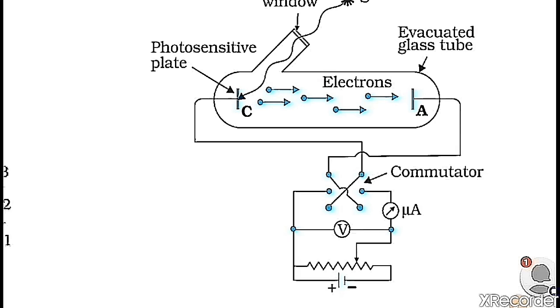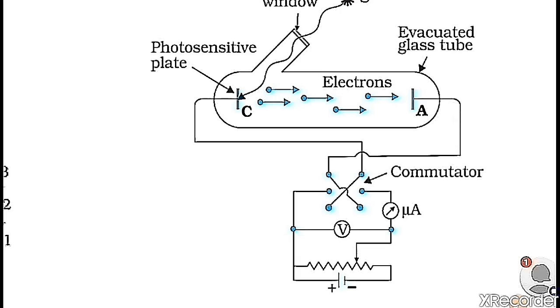Now we are going to apply a negative potential to the plate A. What is going to happen with respect to this plate C? When you apply a negative potential to the plate A, the electrons coming from the emitter plate C are repelled by the plate A because they have the same charge.